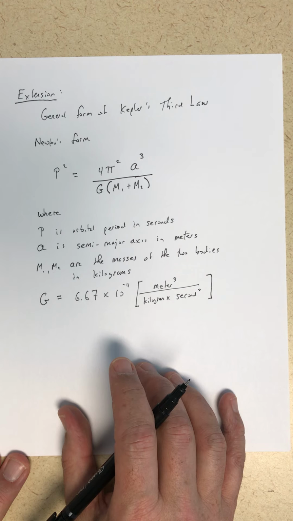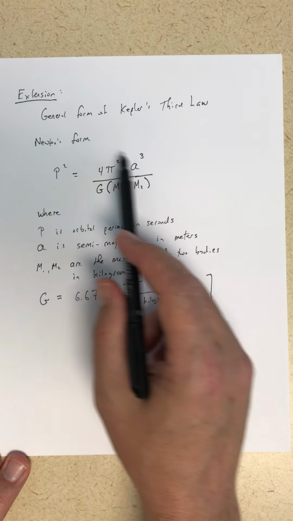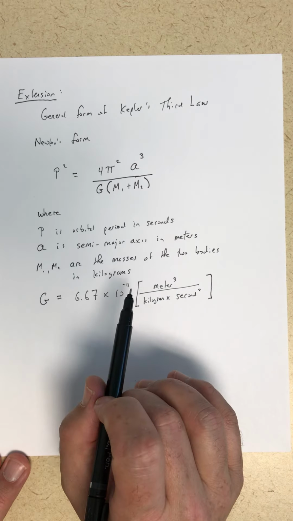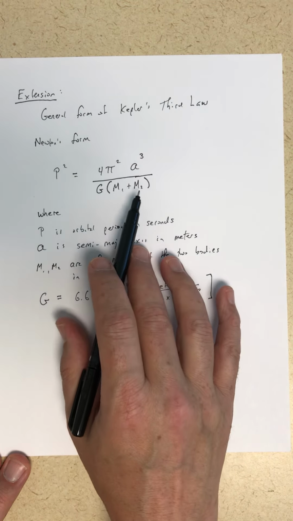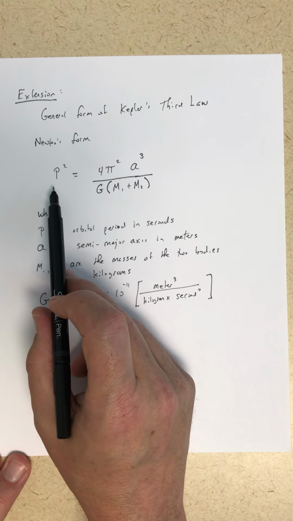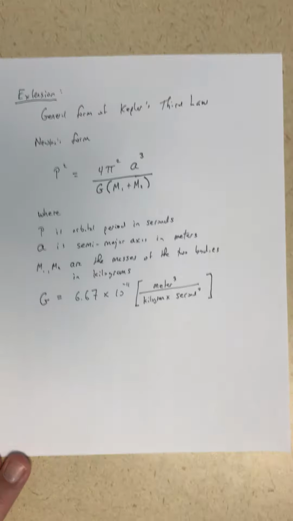If it is some other thing like a black hole or an entire galaxy that's causing the orbit, then the mass is clearly not going to be the mass of the Sun, and we have to revert back to the more general expression. So a little bit more complicated to use because it has more terms in it, but at its heart, it does still have this proportionality of period squared is going to be proportional to semi-major axis cubed.